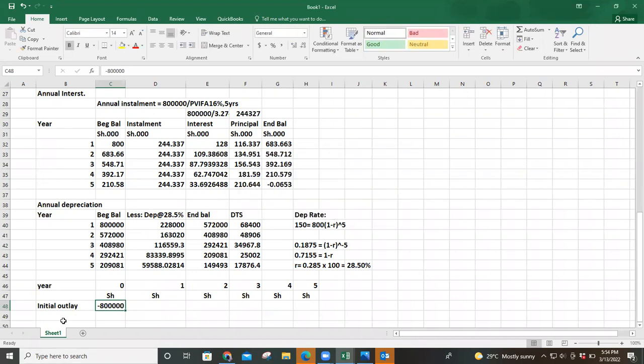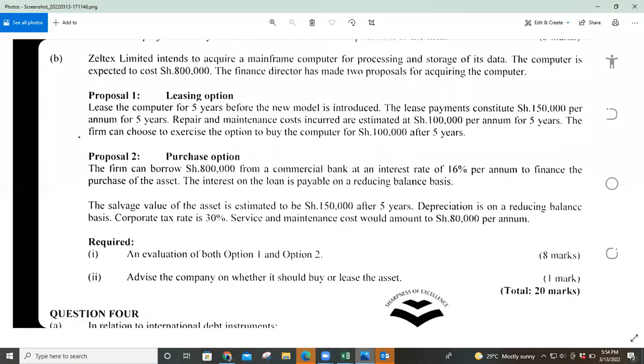Cash is going out. We have after-tax maintenance costs. We're given a figure there. The service and maintenance cost would be 80,000 per annum.